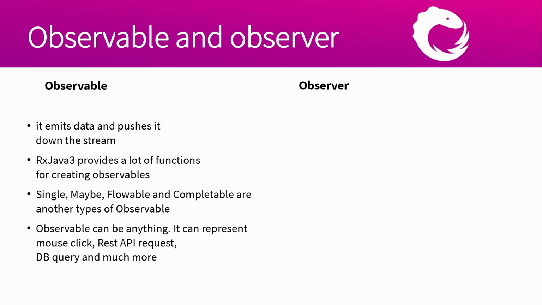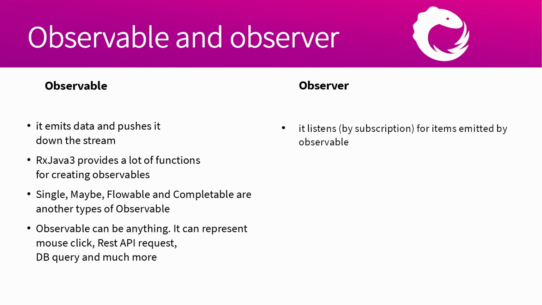And as I already stated, our data source for observable can be literally everything. It can be a mouse click, API request, DB query, and much more. On the other hand, we have our observer.